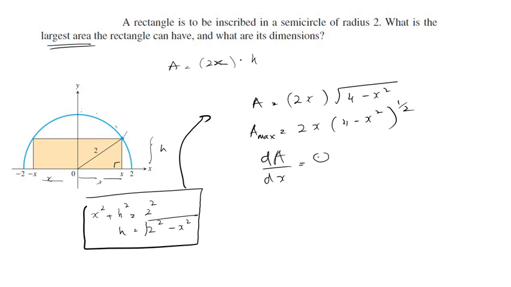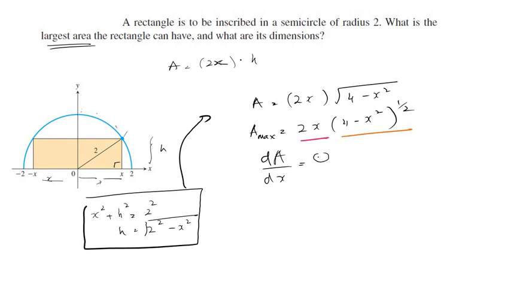This looks like two functions, this is one function and this is the other function. When it's two functions, to get the derivative we take the derivative of one function multiplied by the other, and add the derivative of the other function multiplied by the first function.